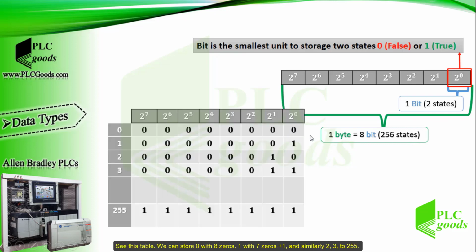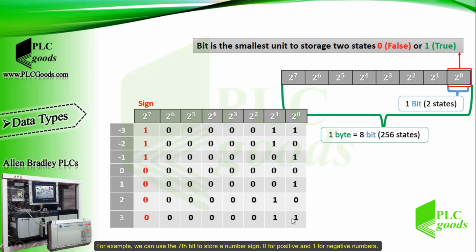See this table. We can store 0 with 8 zeros, 1 with 7 zeros plus 1, and similarly up to 255. There are lots of standards to save data such as numbers, times, and dates, which will be covered later.